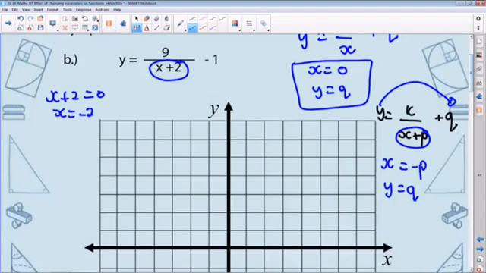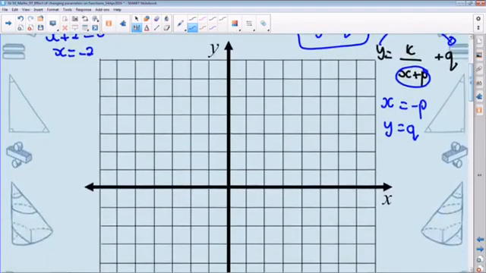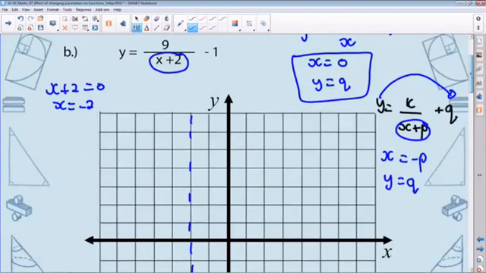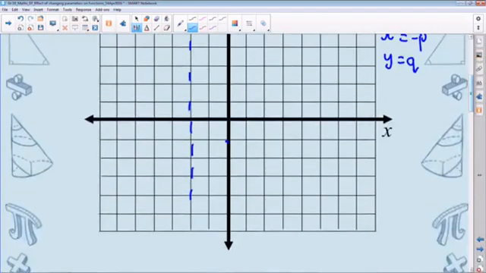And remember, we represent the asymptotes with dotted lines if you've got it drawn to scale. So x equals minus 2, and then your y is equal to negative 1.